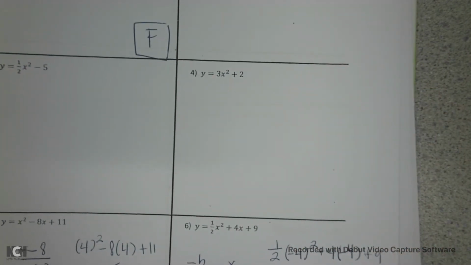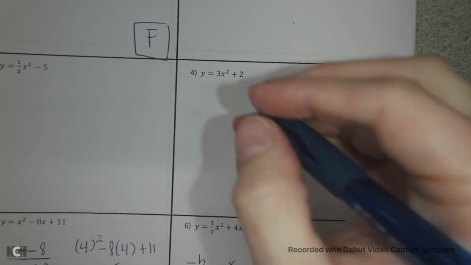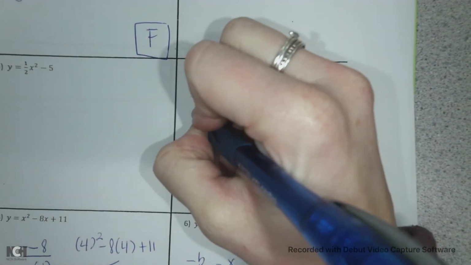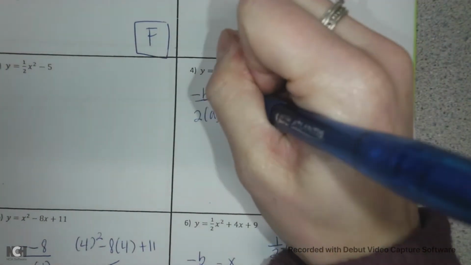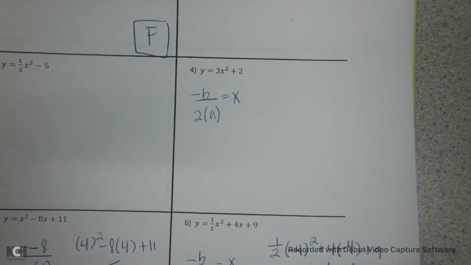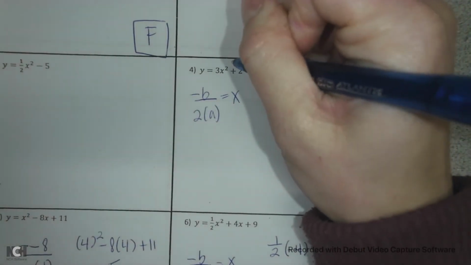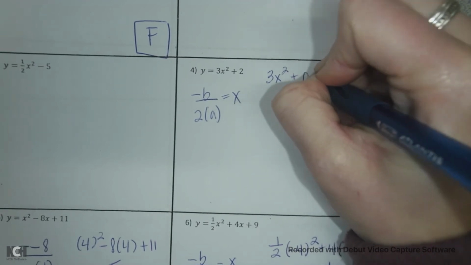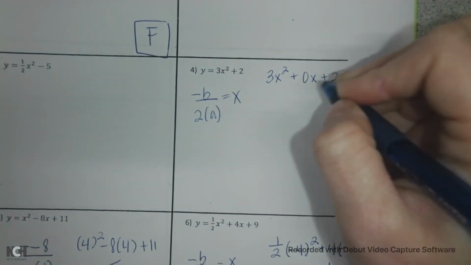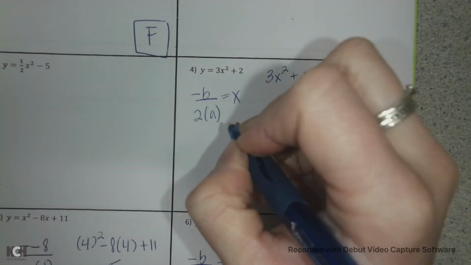Okay, if you wanted to try number 4 and do that exact same thing, where you do negative B over 2A, you totally could, because that's our x value. Here's the thing. When you don't have a middle term, so this is technically 3x squared plus 0x plus 2, it's a 0. So now we're going to plug that in.